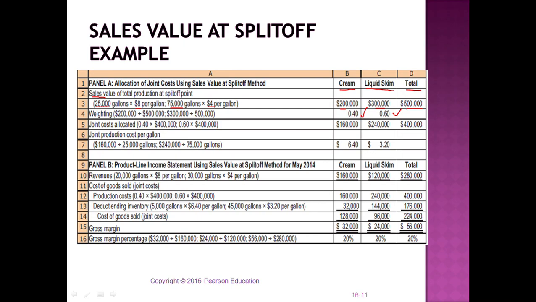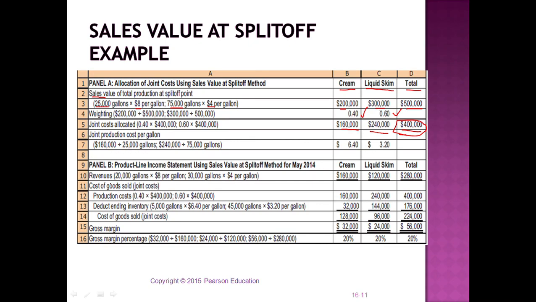So use these percentages, 40% and 60%, to distribute this $400,000 to these two products. So 400,000 into 40% is $160,000, and 400,000 into 60% is $240,000. So you can see this 400,000 under the sales value at split off method was distributed as 160,000 towards cream and 240,000 towards the liquid skim.